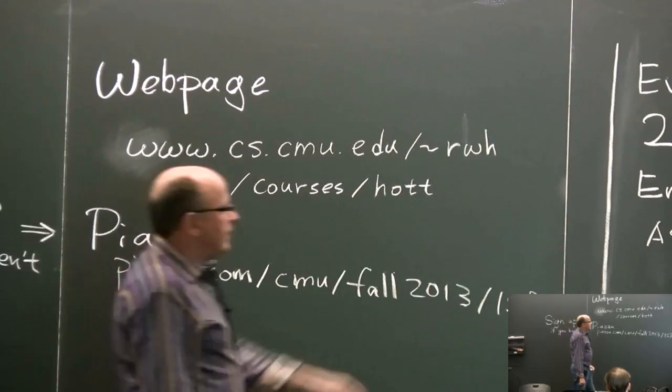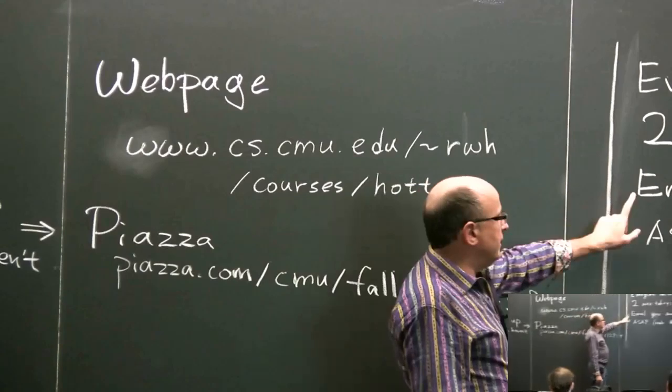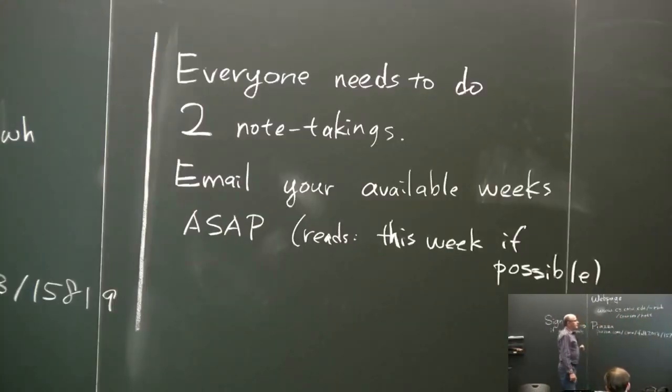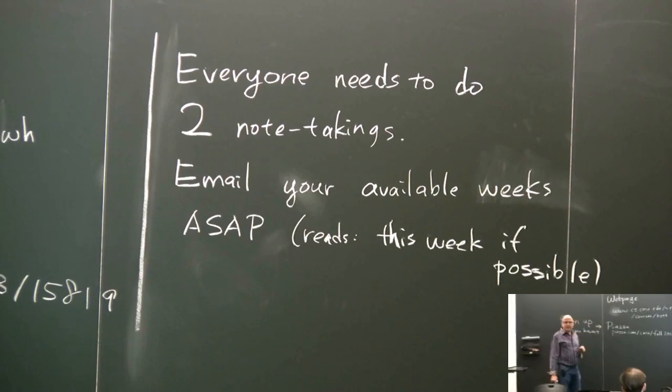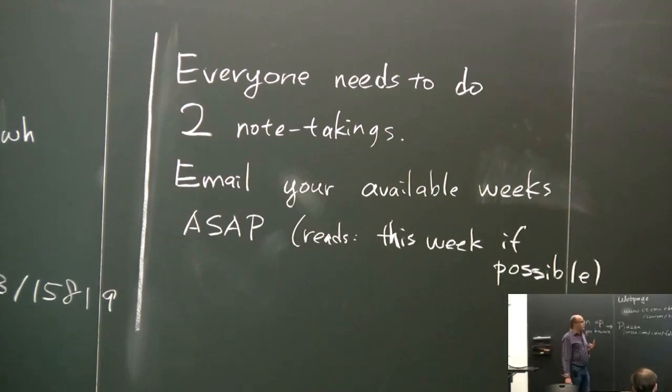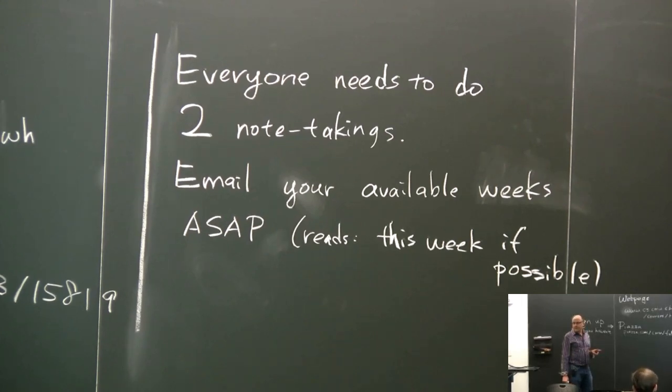And then for the note taking, we figured out that everybody will be responsible for 2 note takings per semester, and Favonia is going to organize all that for the schedule. We'll put your names in the schedule, and he set up a GitHub.